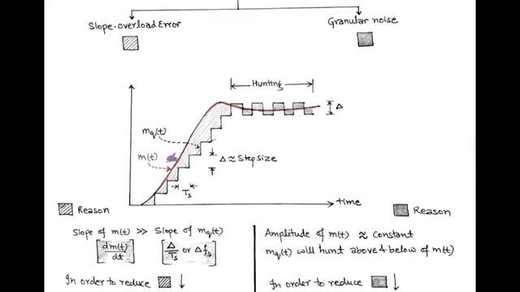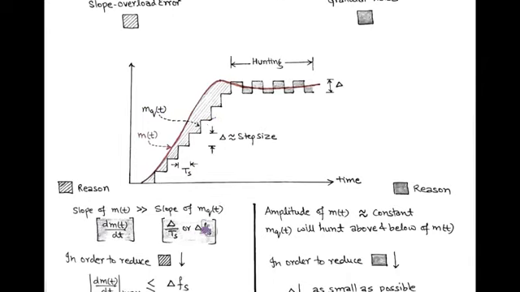When the slope of modulating signal m(t) is far greater than the slope of quantized signal mq(t), then a slope overload error occurs, as shown in the figure. Here the slope of modulating signal is dm(t)/dt and the slope of quantized signal mq(t) is delta/Ts or delta Fs, because sampling frequency is the inverse of sampling period Ts.